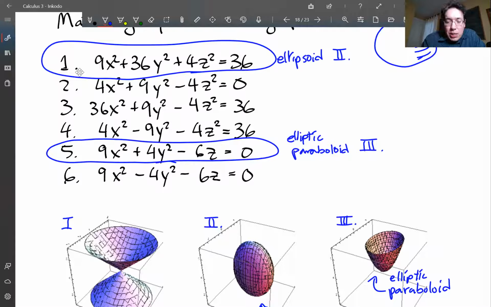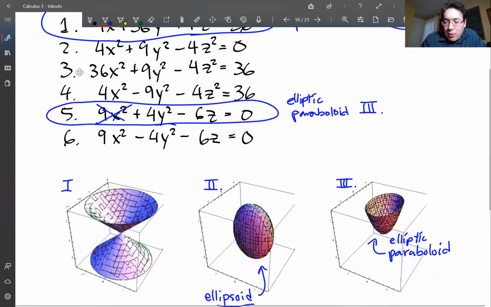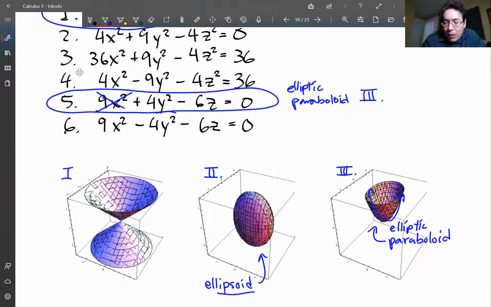So for example, if you set x equal to 0 here, then this term will drop out. Then you'll get an equation of a parabola, right? So if x is equal to 0, the cross section that cuts this way cuts into a parabolic shape.